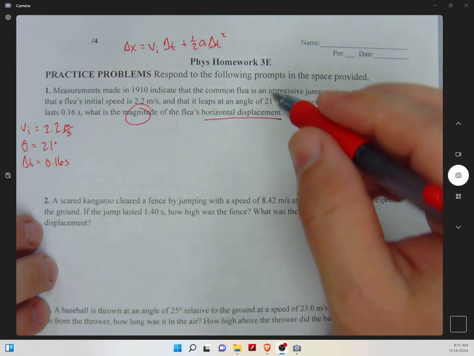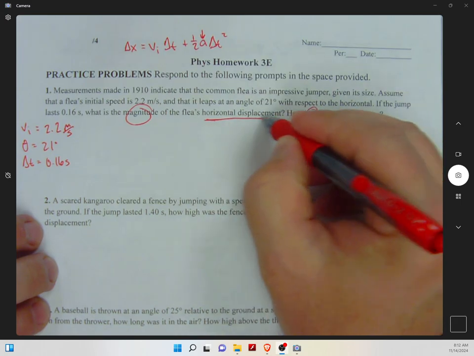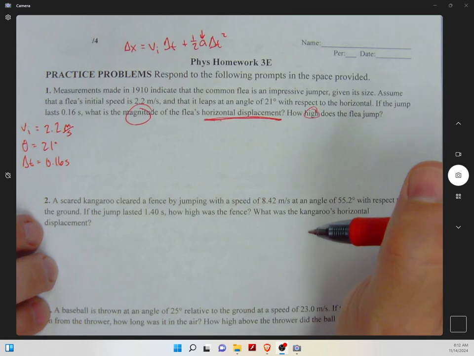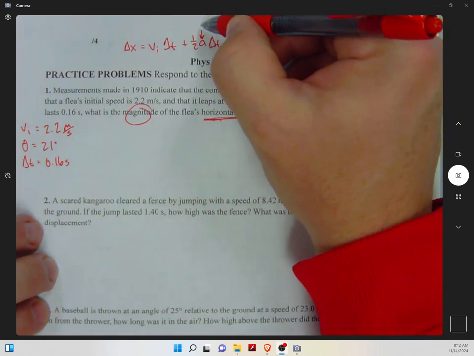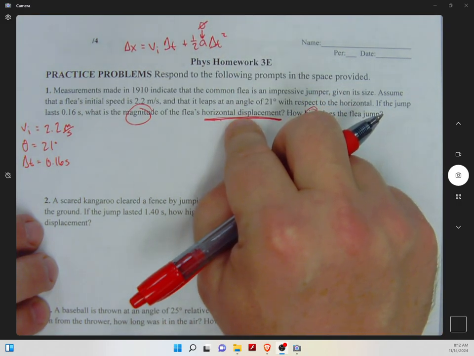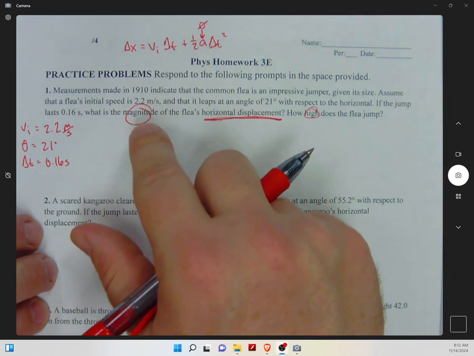You love it. One of the facts that you need to remember, that if you only have horizontal displacement, or you're just considering that component and nothing else, the acceleration is 0 for the horizontal displacement, right? We're assuming nothing, like there's no air drag or anything like that, so acceleration is going to be 0.